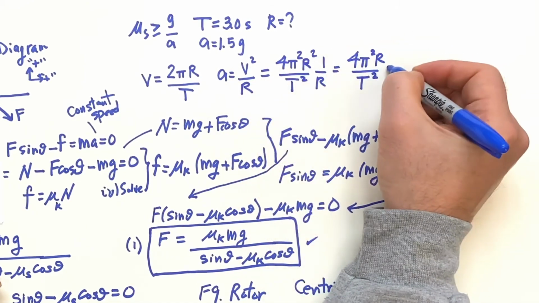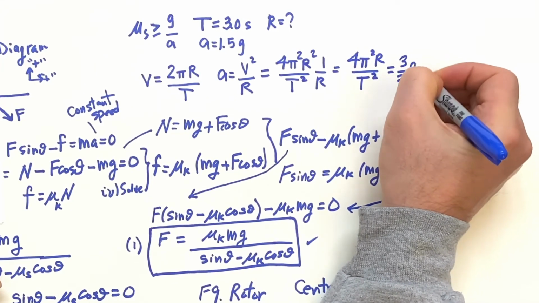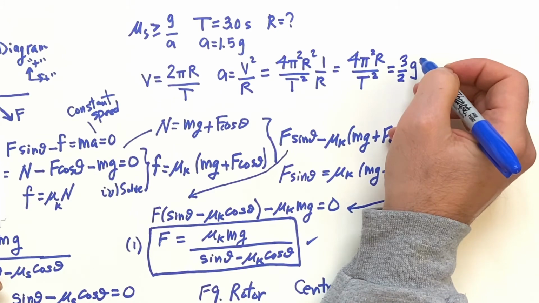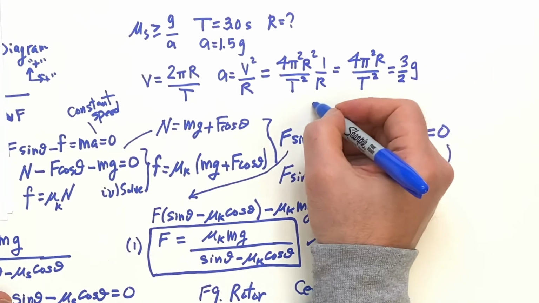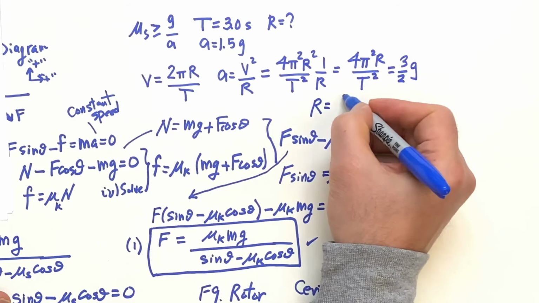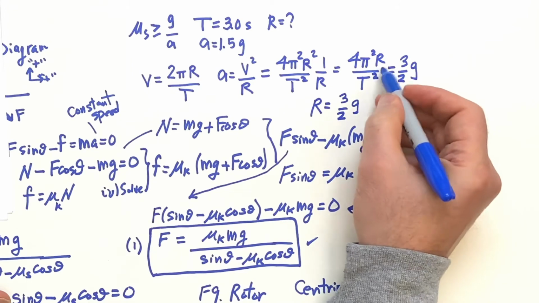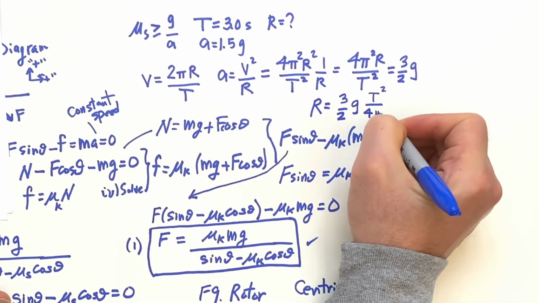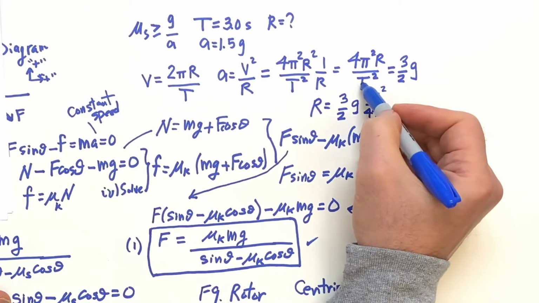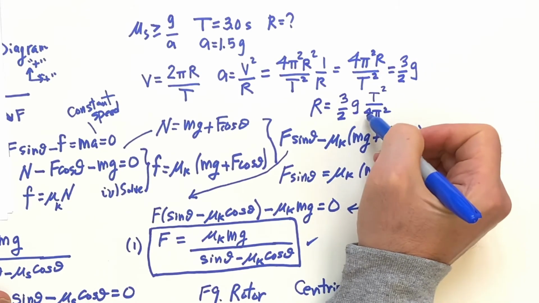That's my acceleration. So if I want this to be 3/2 g, to have a more gentle g-force, then I can solve for r. R would be 3/2 g, and now I got to take the T squared up here and put the 4 pi squared down in the denominator. Bring the T squared to the right, the 4 pi squared down there, and that gives me my r.